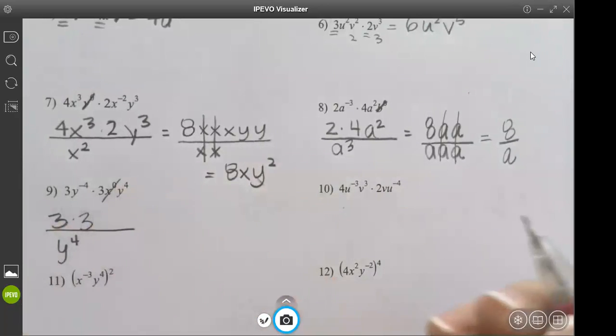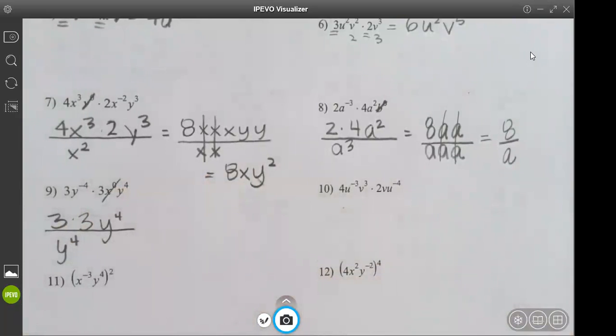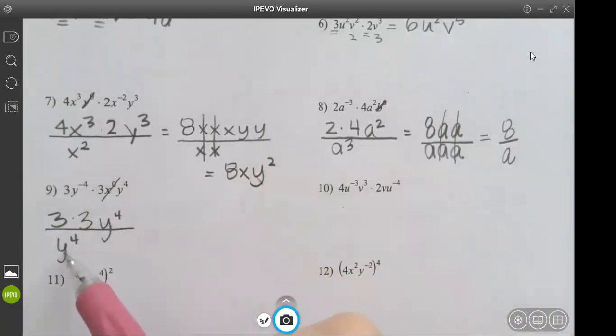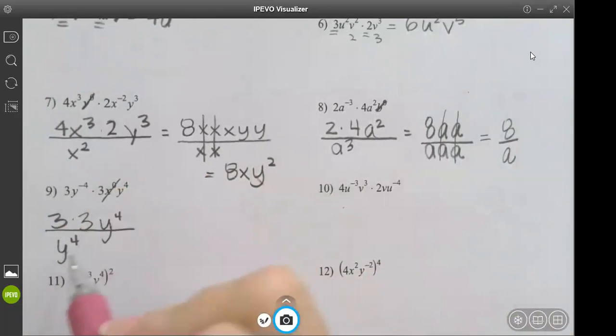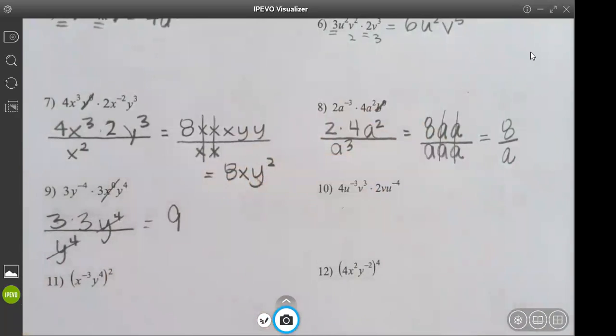X to the 0 cancels. Y to the 4th on top. If you can already see that it's y to the 4th and y to the 4th, you don't have to write it out, just mark it out. And then what's 3 times 3? 9. 3 times 3 is 9.